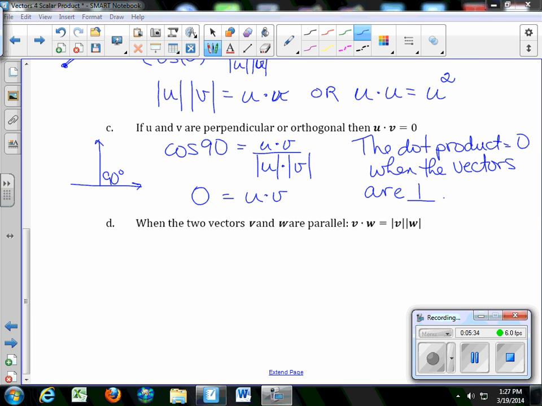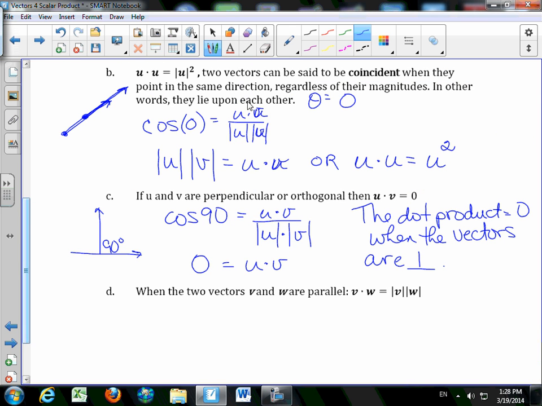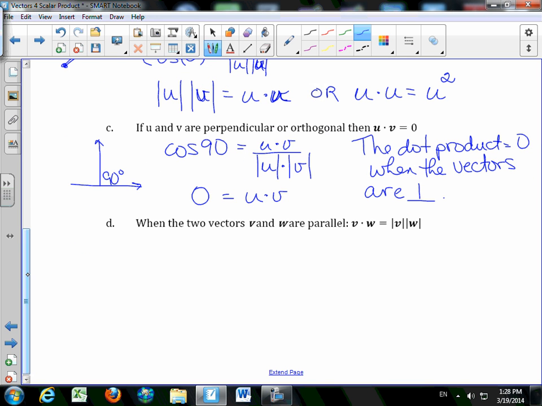Okay, so the last one: when the two vectors v and w are parallel, v dot w equals the absolute value of v times the absolute value of w. I think what I did up here was show this one, because I should have kept them the same. If they're coincident, they lie right on top of each other, so they're the same. I probably should have just used u. Down below, this next one is where we want to go.